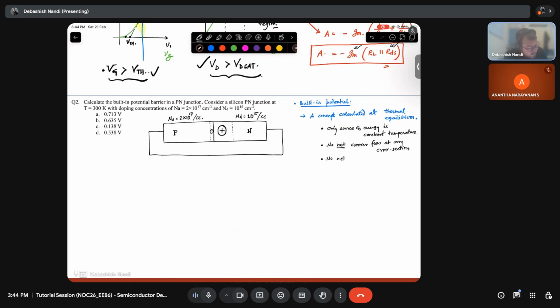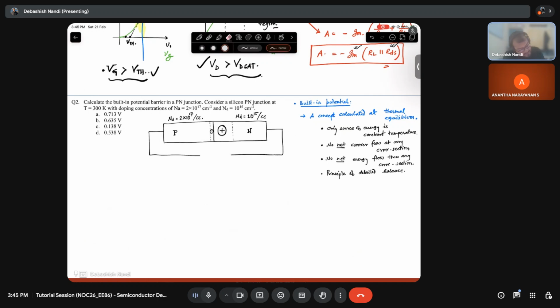No net energy flow through any cross section. And the last point I mentioned, that most of the books fail to cover, is the principle of detailed balance. That means this cross section can be as minuscule as possible.